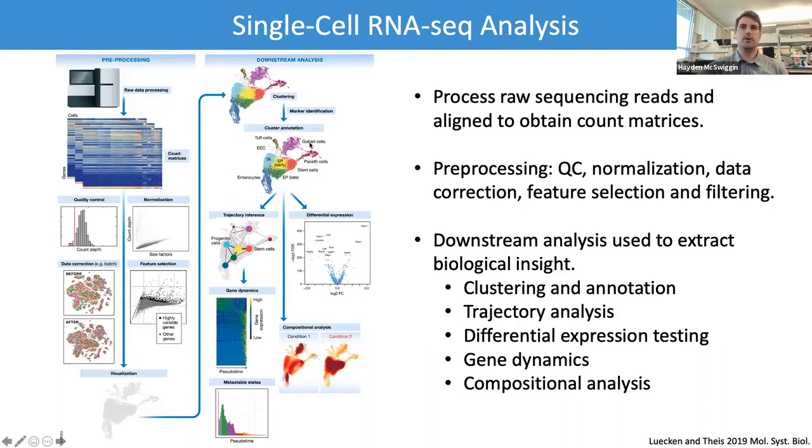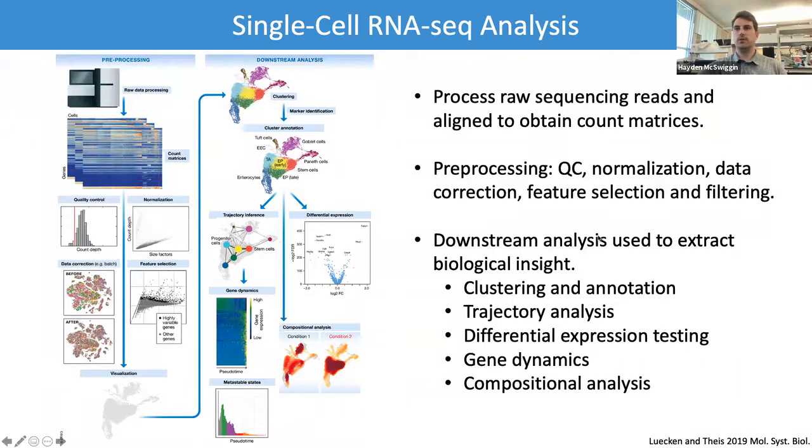So you can compare, in this example, these stem cells from these goblet cells and identify marker genes that are important for these individual cell types. You can also do compositional analysis to identify what cells might be affected more by certain conditions or diseases.